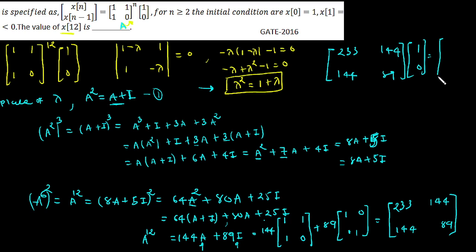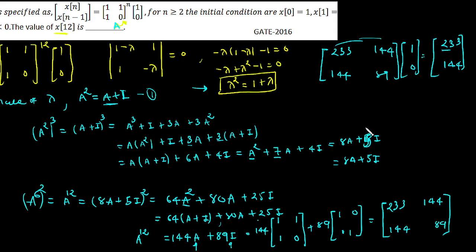Now what we are getting, just simply here we have to multiply the first row with this, so simply 233 and here 144.